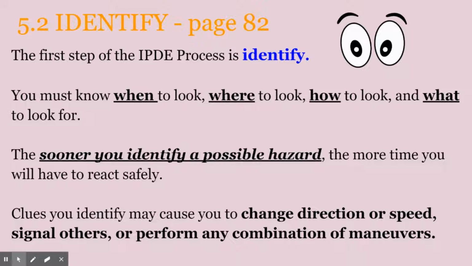You must know when to look, where to look, how to look, and what to look for. The sooner you identify a possible hazard, the more time you will have to react safely. Clues you identify may cause you to change direction or speed, signal others, or perform any combination of maneuvers.